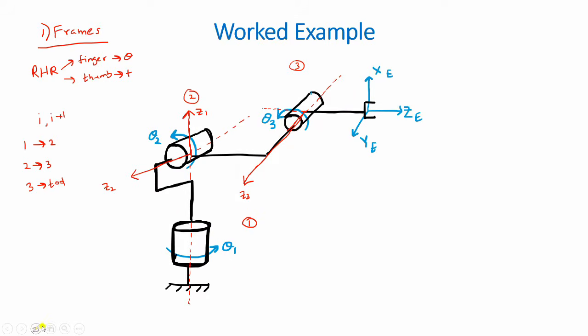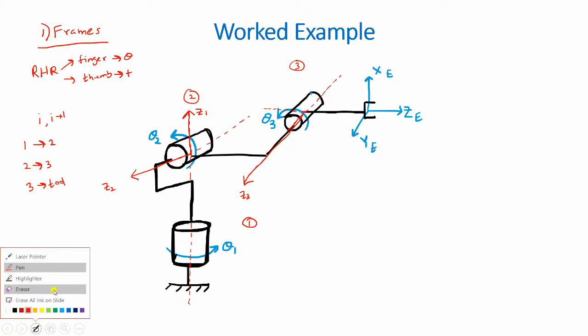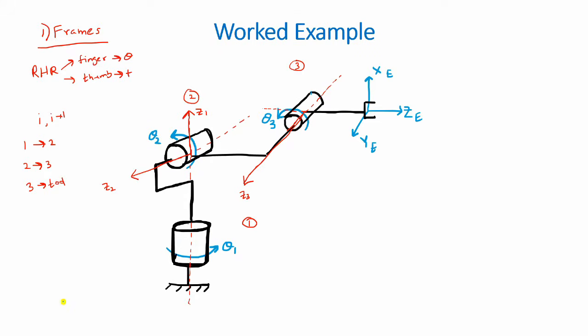Right. So now that the z-axis and the origins have been set, we can look at setting the x-axis. Now, if the two axes intersect, we look at the intersection of the planes, and the x-axis would be normal to that. If, however, the axes are parallel, x would lie along the common perpendicular. So, again, from 1 to 2, they intersect. Henceforth, we look at the planes.